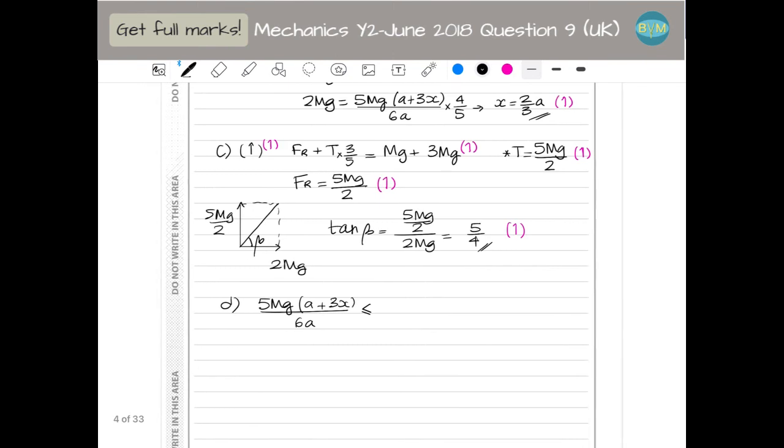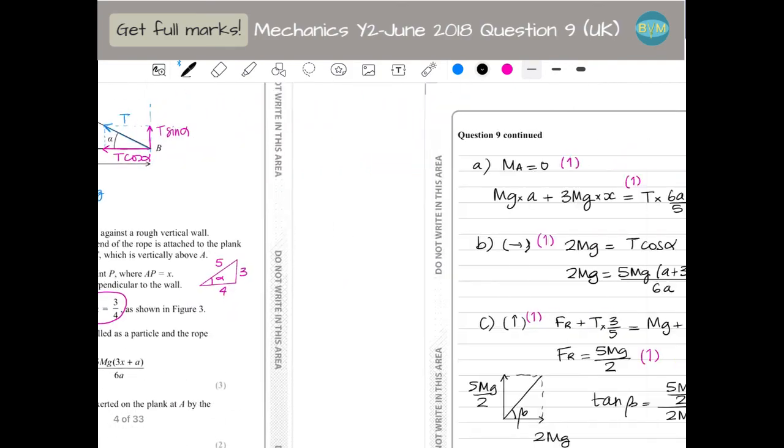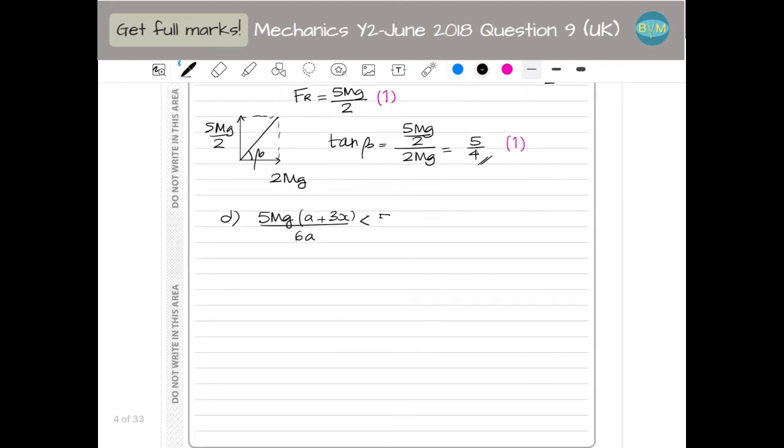So this one is really smaller, so we don't want it to break. Smaller than, what did I say? I forgot. 5 mg, smaller than 5 mg. And we just resolve for x. So if we resolve our equation, x will be 5a divided by 3.